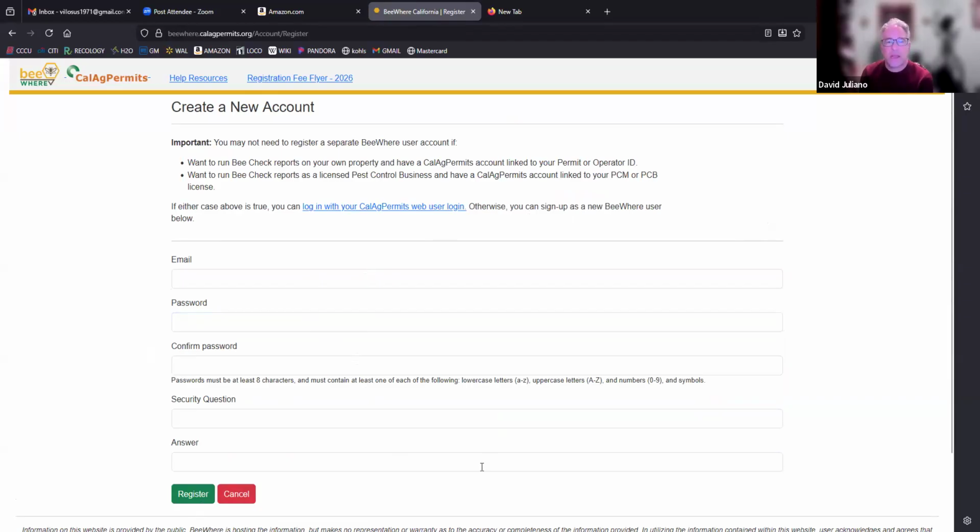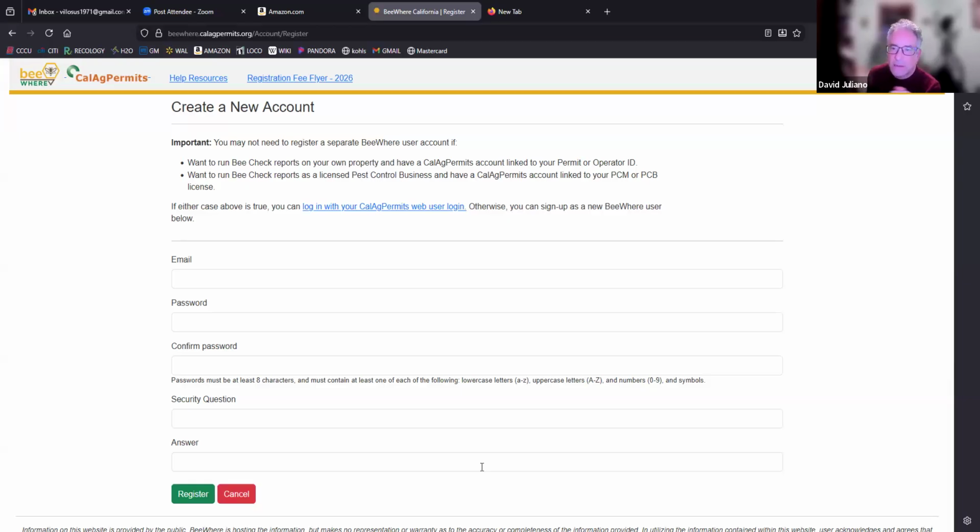Register for the Beware account, and once you put in your home address and address for hives, it'll bring up a map, and you can plot the hive locations directly on the map, either by clicking on the map or by entering the exact location.